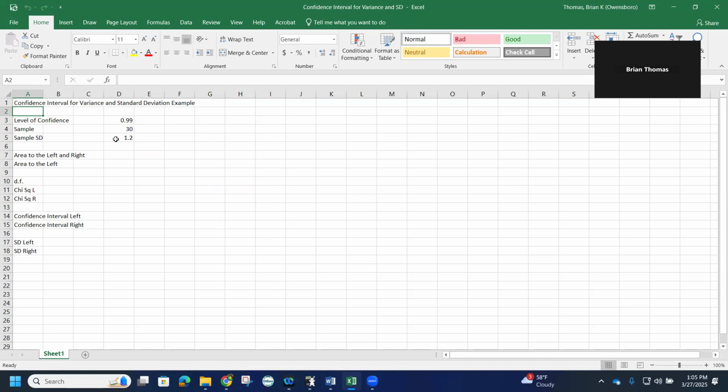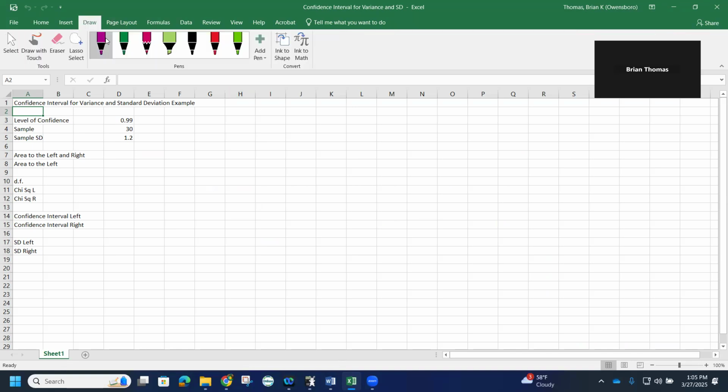Now remember, to do this problem, our formula is n minus 1 times s squared over chi squared R is going to be less than the variance, sigma squared, which is going to be less than n minus 1 times s squared over chi squared L. So this is the given information. But notice right off the bat, we have to do a few little things here.